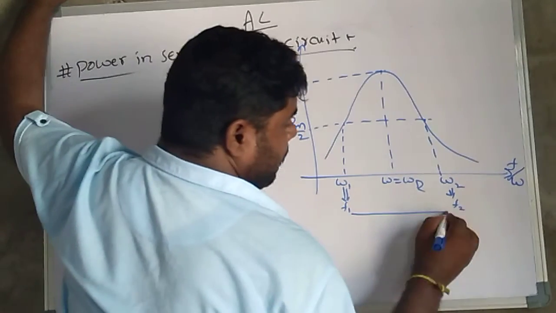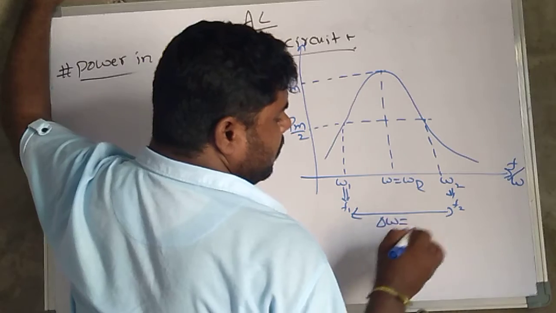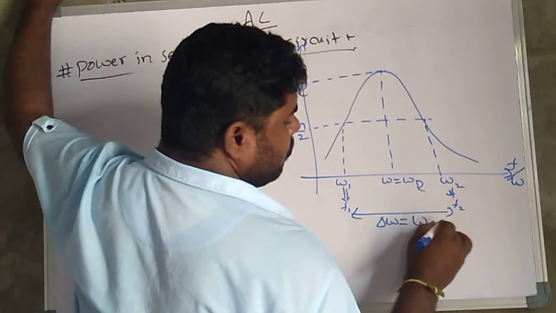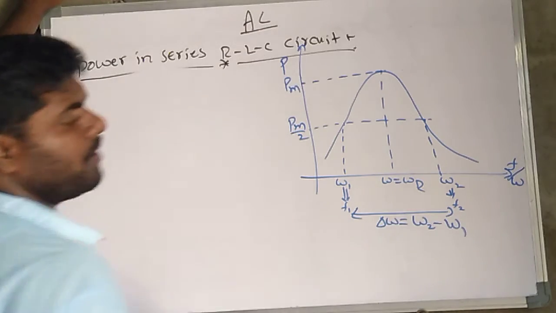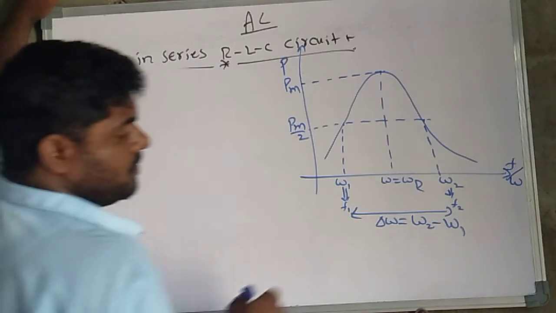This separation in omega value we call the bandwidth, omega 2 minus omega 1. This omega 2 minus omega 1 is the range of this frequency.